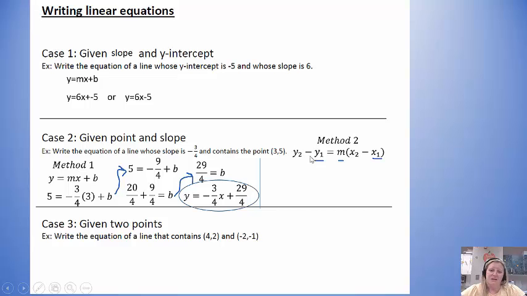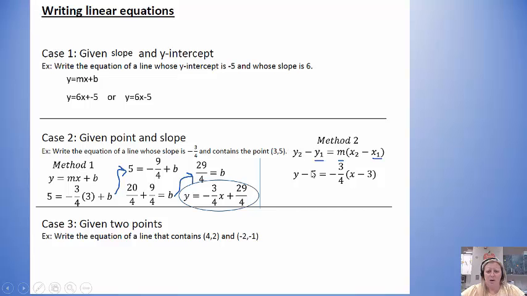So what I teach my kiddos is to set up the point-slope formula and to underline the y1, the m, and the x1. That's where we're going to plug our information into. You can plug your information into the y2, m, and x2. That would be fine, but you're going to have a little extra bit of work to do at the end. And that typically causes a mistake to happen. So it's easier actually if you just use these three values.